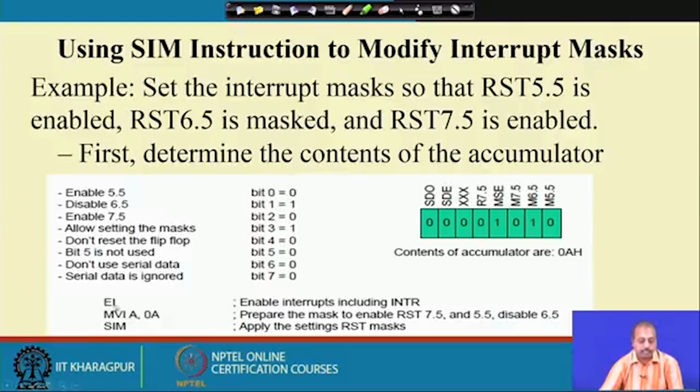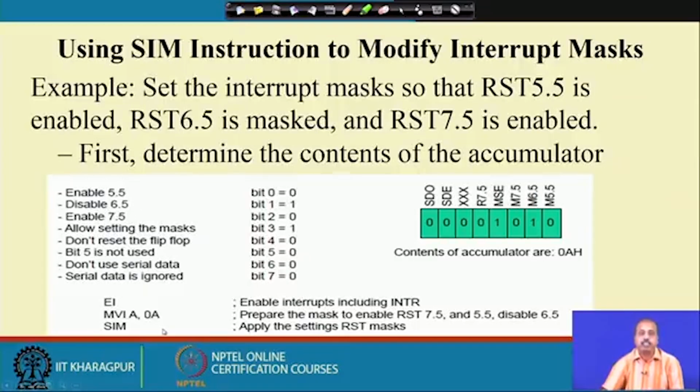So, that is done here. This pattern is 0A. The most significant nibble is all 0, and the next nibble is 1010, that is A. So, first we enable interrupts, which will enable all interrupts including INTR. Then we move the pattern 0A to the accumulator, which is done by the MVI instruction, MVI A, 0A.